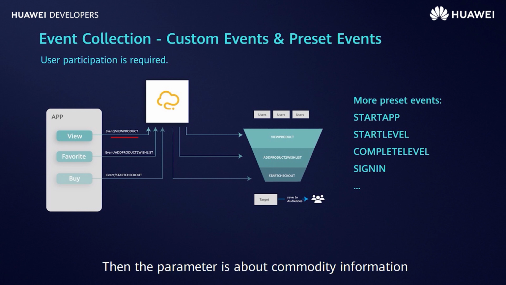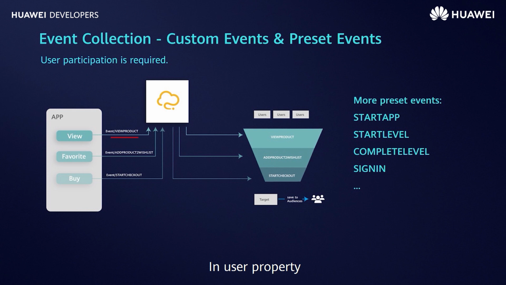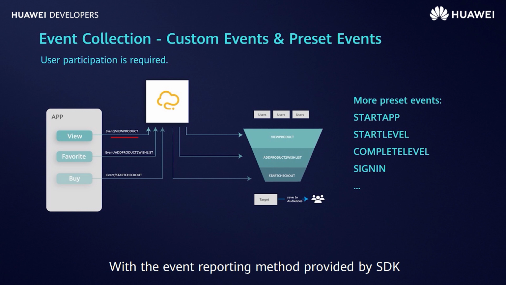Then the parameter is about commodity information, such as the ID, name, and price of the commodity. In user property, we've set basic user information, such as user name, user ID, and so on. Then we report this event to the cloud of Huawei Analysis Service with the event reporting method provided by the SDK.